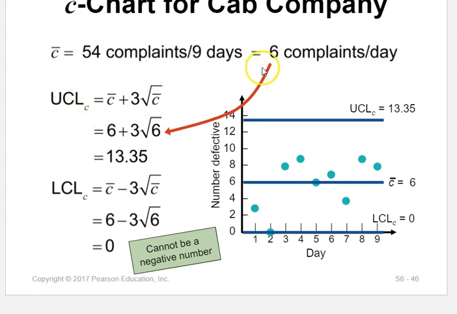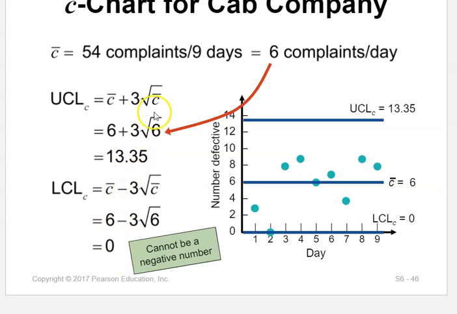And to calculate the standard deviation, you just need to take the radical of 6. Radical 6 is the standard deviation, right? So mean, or Xbar, plus or minus 3 times the standard deviation, radical 6. So 6 plus or minus that would be 13.35. The lower bound is negative. Shift it up to 0 because it doesn't make sense.